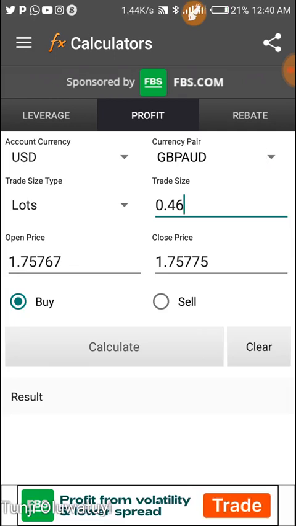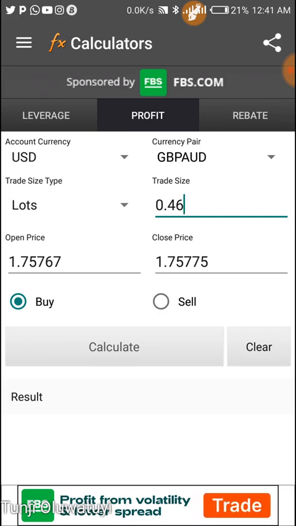All right, so let's say, for example, it's going to be a buy. Let's say we are going to be buying, and we're going to put in your entry price, that is, at which price are you going to enter the market, and at which price are you going to exit?